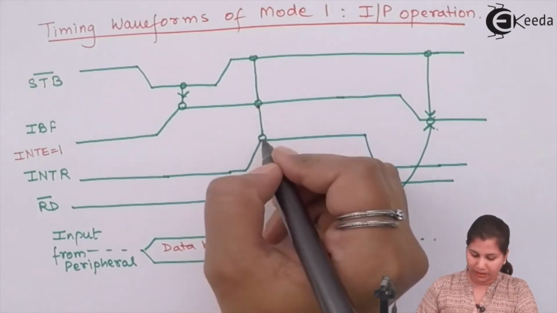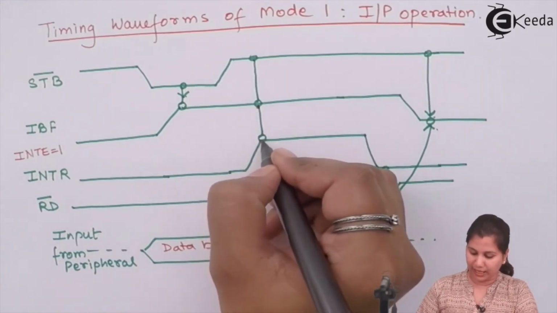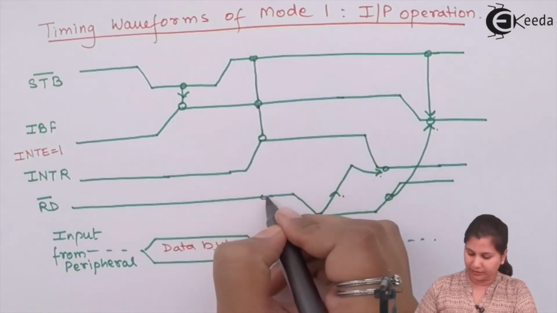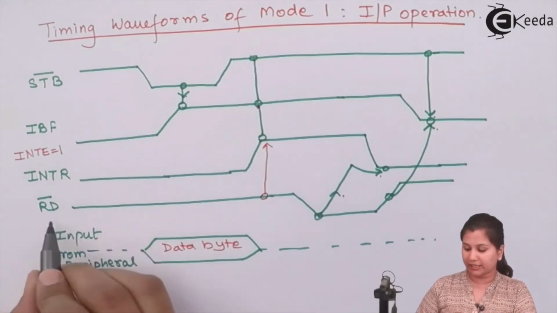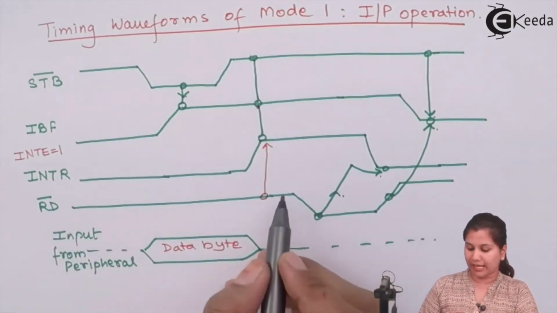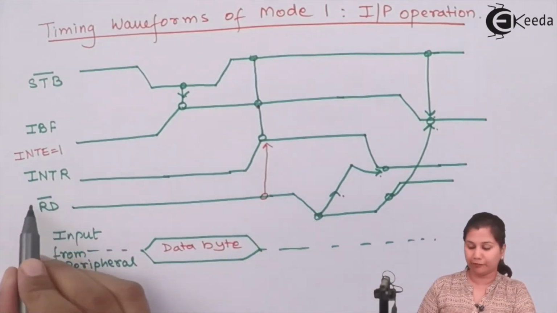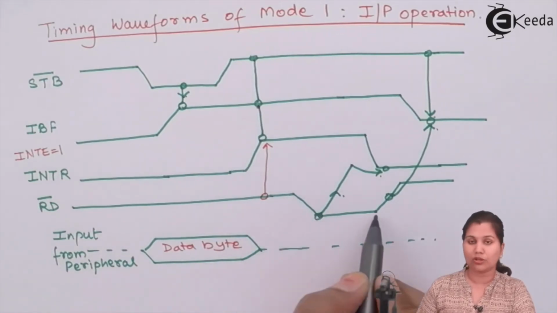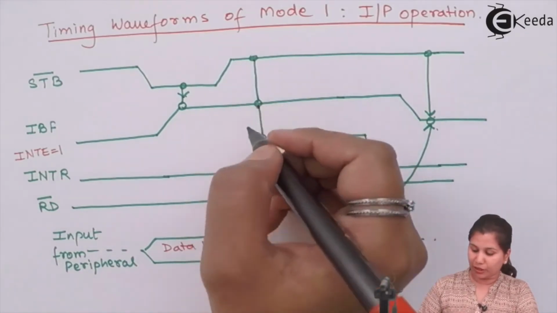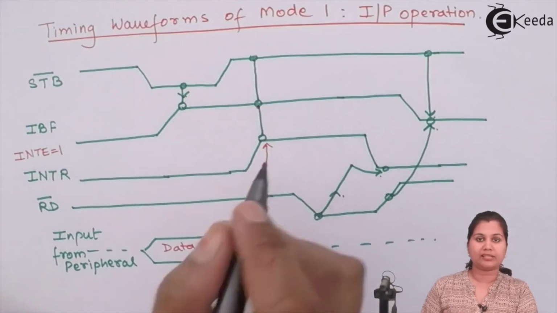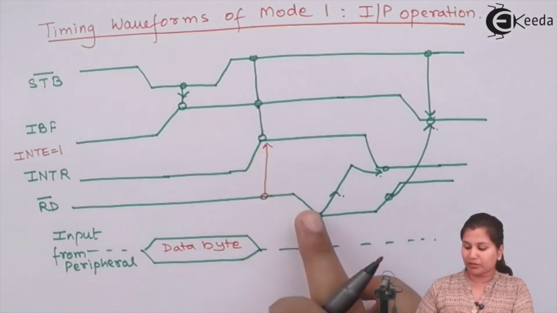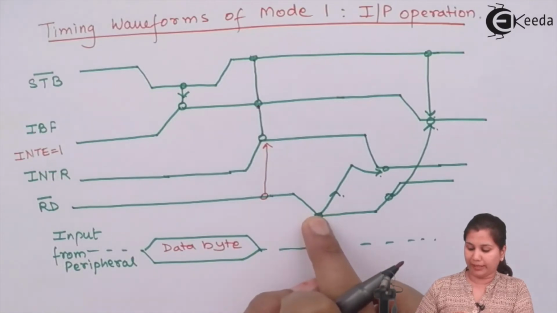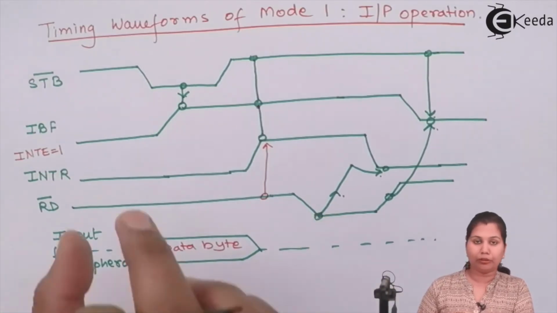Now when this interrupt request is high, the read signal, which is high when not working and is an active low signal, goes low when active. So when the interrupt request is generated, meaning the microprocessor has been interrupted, the microprocessor reads the data byte from the input latch.